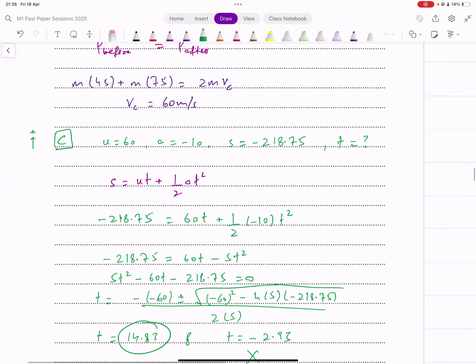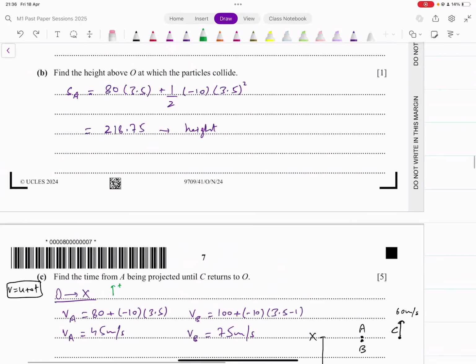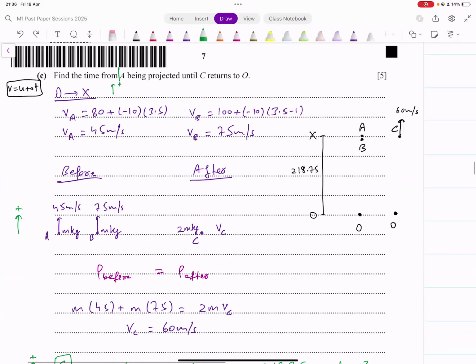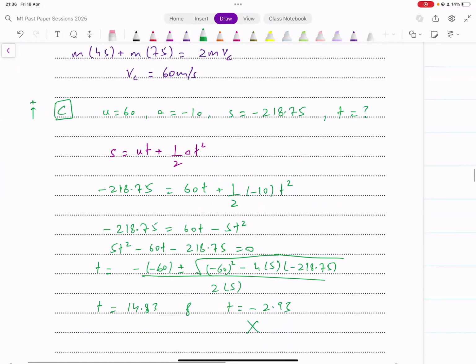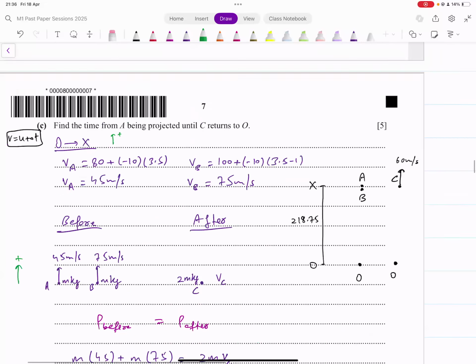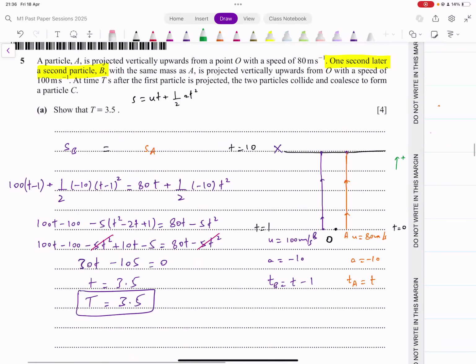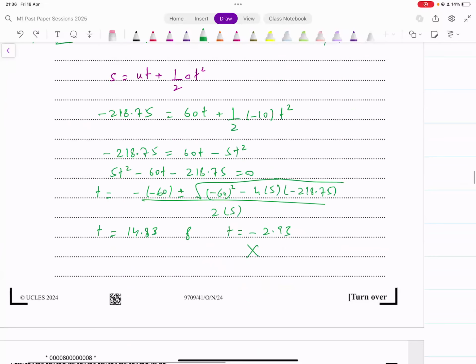However, in the question they said, find the time taken from A being projected up until C returns to O. So this is the time taken after collision. Before collision, 3.5 seconds had already passed. So we add 3.5 to this, and that will give us the total time taken.